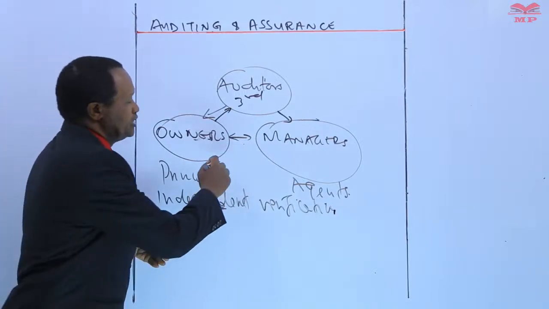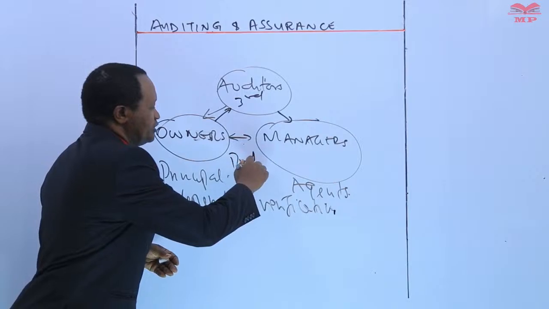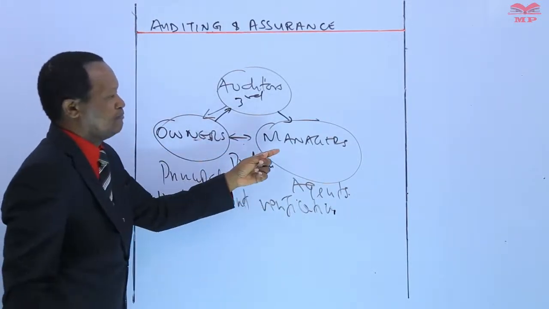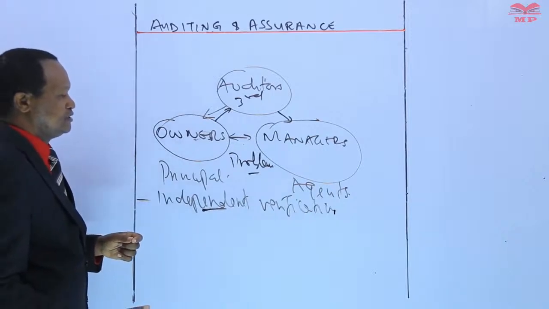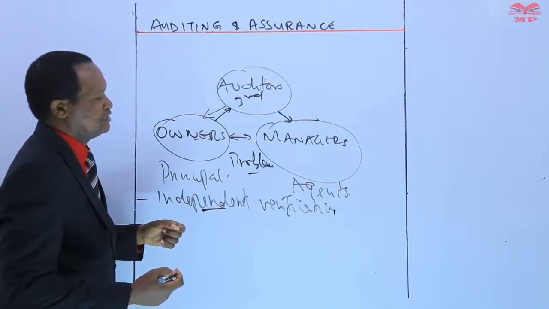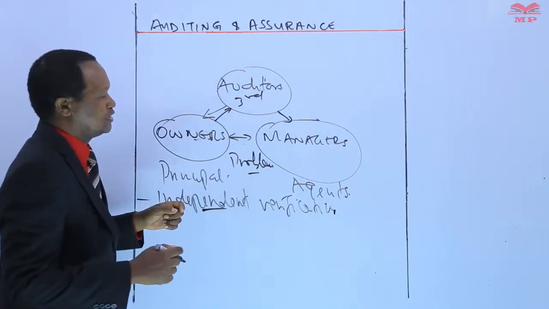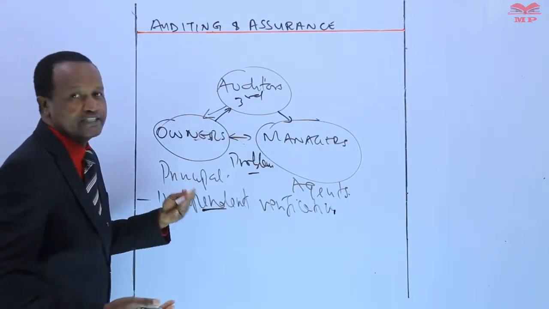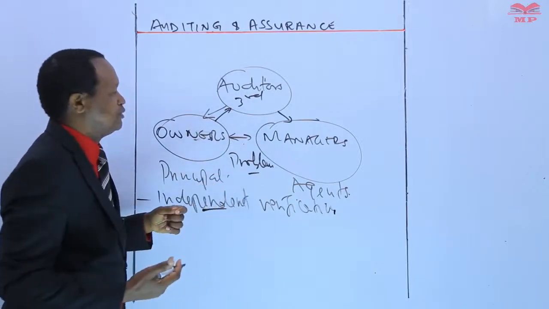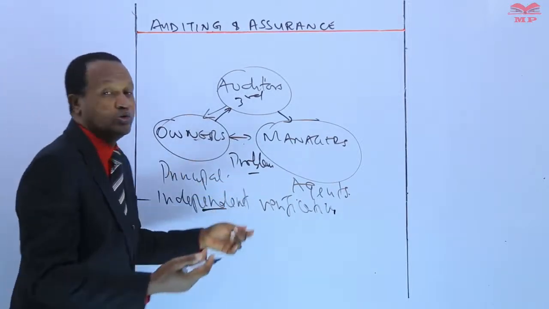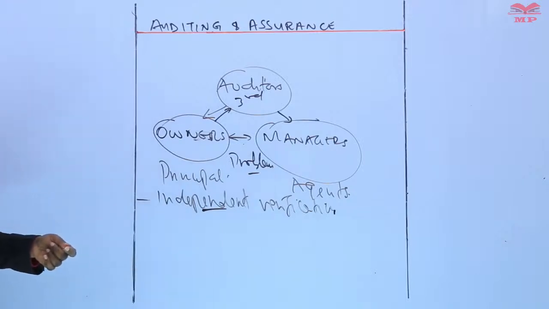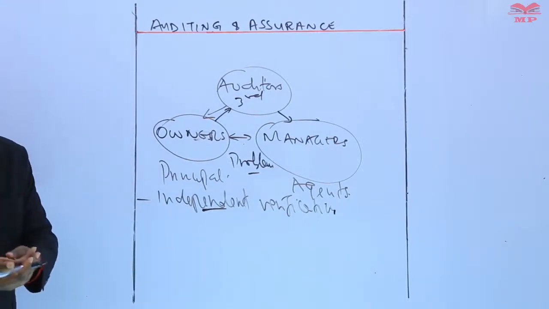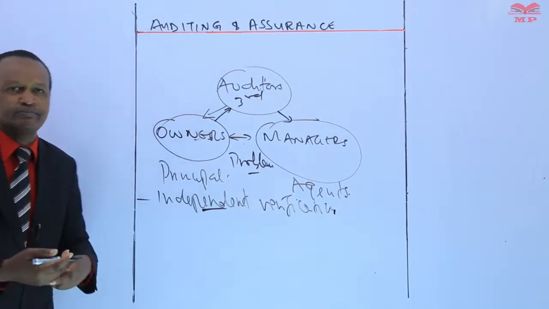Remember, we talked about agency problem, which may arise because of the separation of ownership and management. So the very fact that the managers know that there will be a third party who will come to examine their financial statements, that mitigates the risk of them manipulating the financial statements for their own personal gain. So that is one way in which auditing plays a crucial role in mitigating the agency problem.